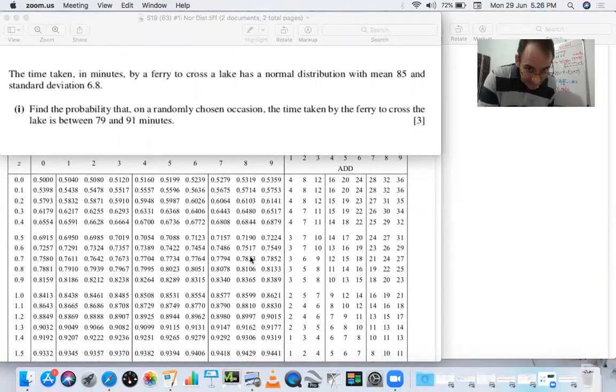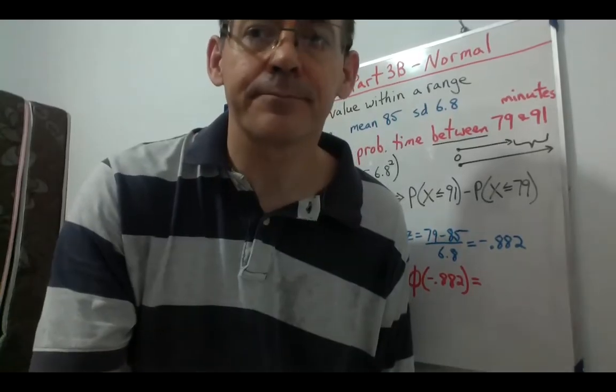Then we need to add the 2. The 2 is over here. So notice here's the 0.8, here's the other 8, cross-referenced with the 2 is 5. So we need to add a 5 to it. So put plus 5. Now we can come back to our board here.